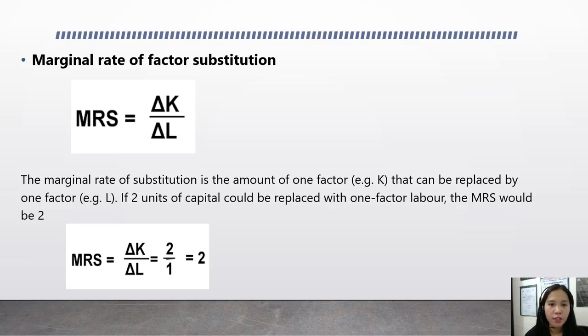So the marginal rate of substitution is the amount of one factor, for example K, or the capital, that can be released by one unit of another factor, for example L, or labor. If two units of capital could be replaced with one unit of labor, the MRS, or the marginal rate of substitution, would be 2.